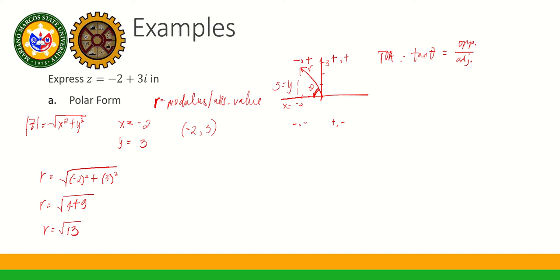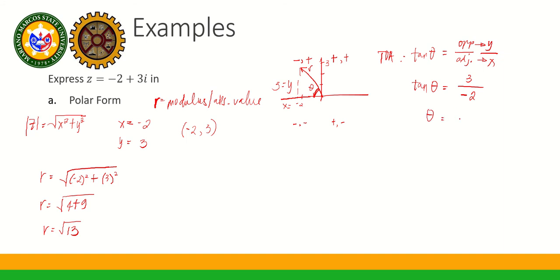Since dito natin mineasure yung angle, opposite natin will be y and then adjacent natin will be x. So tan theta is equal to 3 over negative 2.